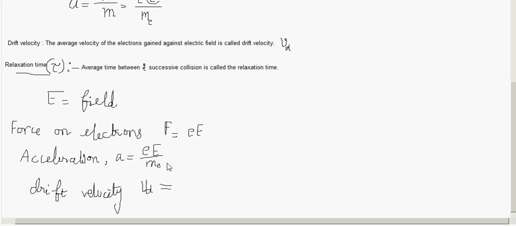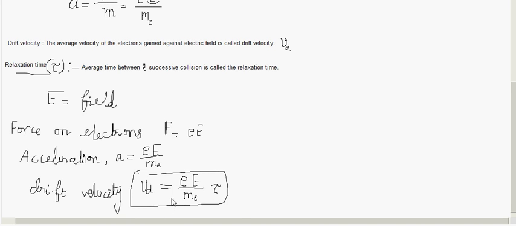So a is e into E divided by m_e, into the relaxation time. So this is the drift velocity: acceleration multiplied by time, v_d equals e E tau divided by m_e, where tau is the relaxation time.